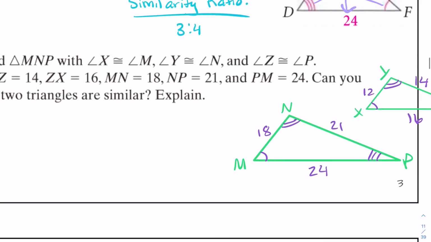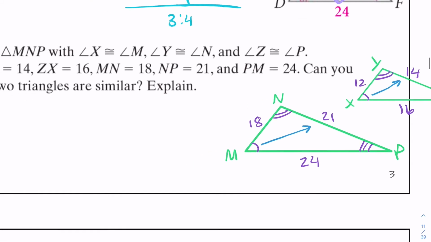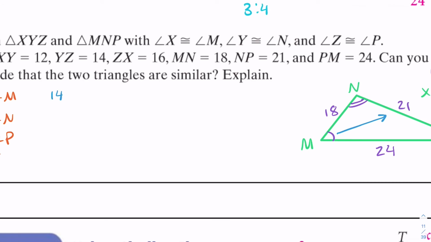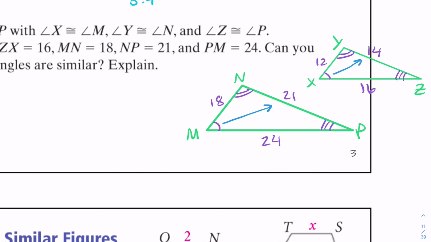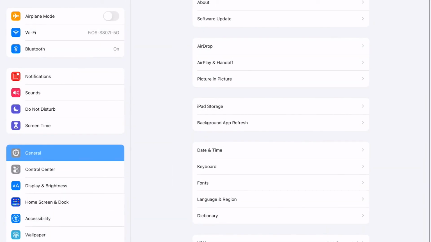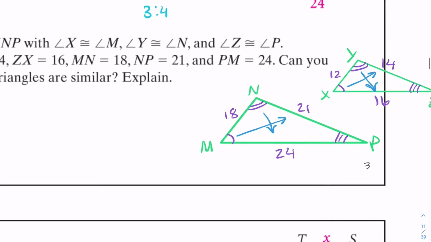Ironically, they gave them to me in order, but we can still go, opposite 14, opposite 21. So 14 is to 21 as 24 is to, what is it?